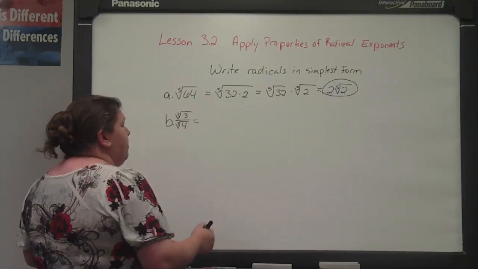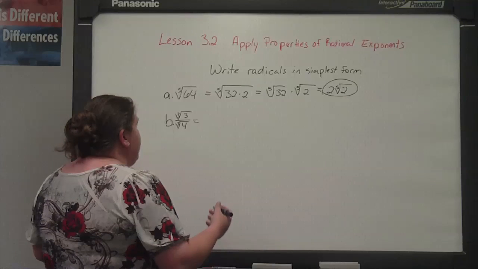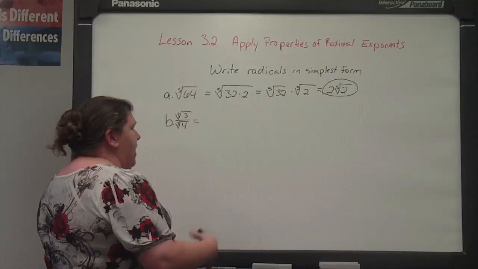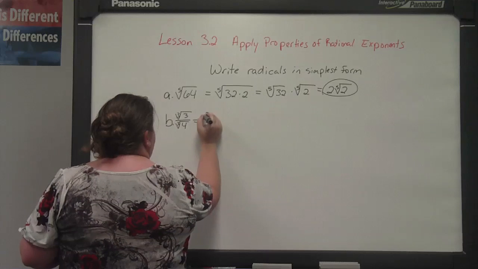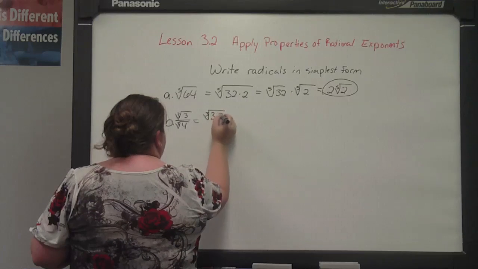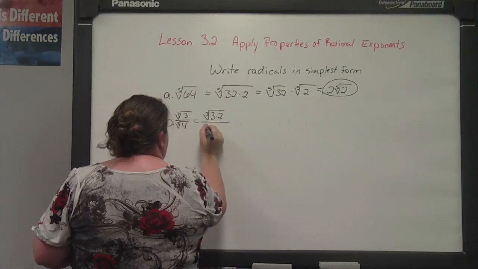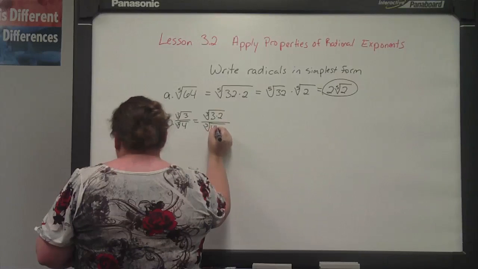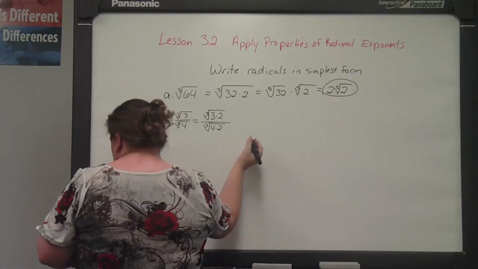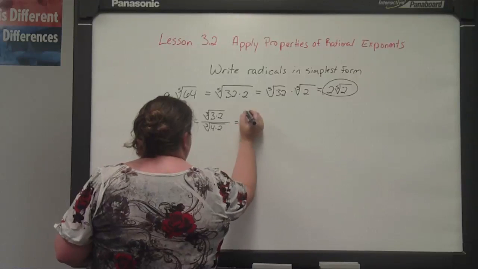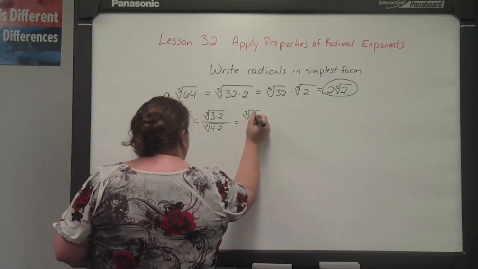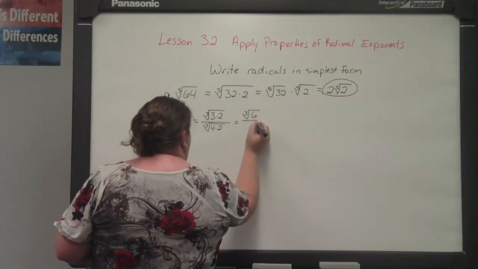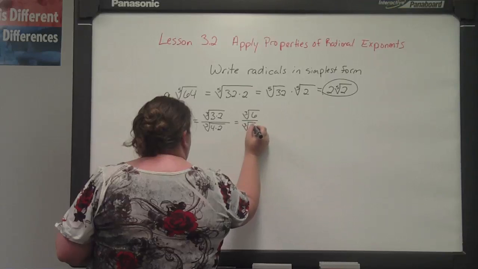And so we can multiply it by 2. But if we multiply the bottom by 2, we have to multiply the top by 2. And so we're going to say the cube root of 3 times 2 over the cube root of 4 times 2, which I can rewrite as the cube root of 6 over the cube root of 8.